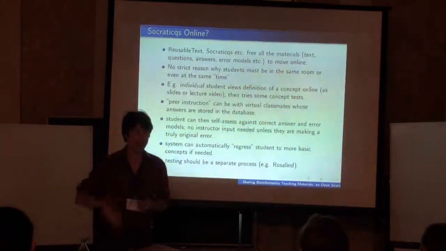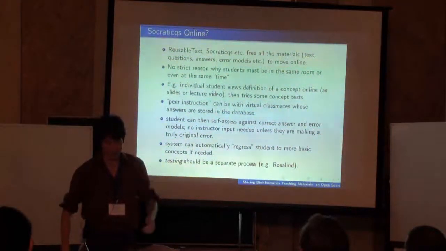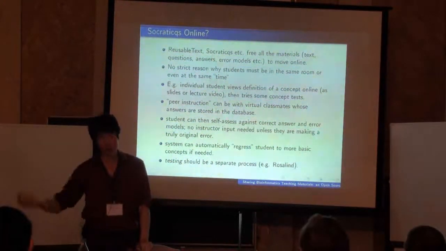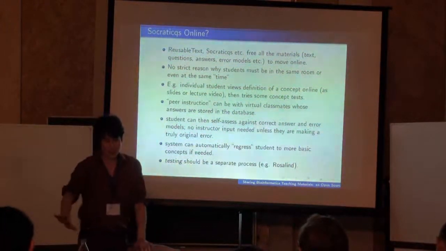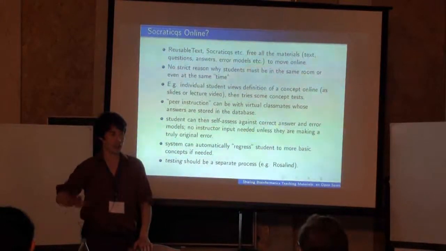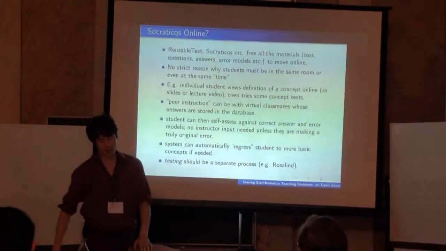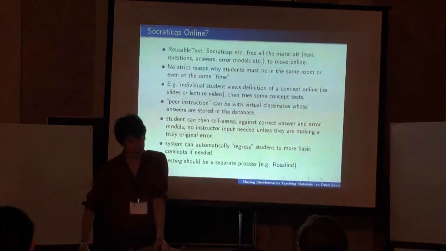So you can immediately categorize their error and then go more deeply into exactly why that's an error. The system could automatically regress students if they're not doing very well with the set of concepts that they're trying out initially. You could move them to more basic concepts that they don't seem to have solidly.